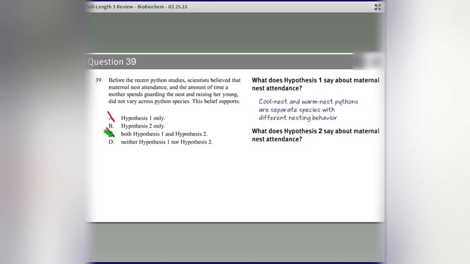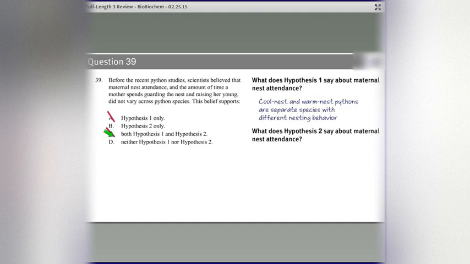Okay, so if we think about what this question stem is saying, the amount of time a mother spends guarding the nest and raising her young does not vary across python species. Does that go with hypothesis 2's idea that the nesting behaviors are going to vary based upon a wide variety of factors? So like the food source, the food supply, and the environment in general.